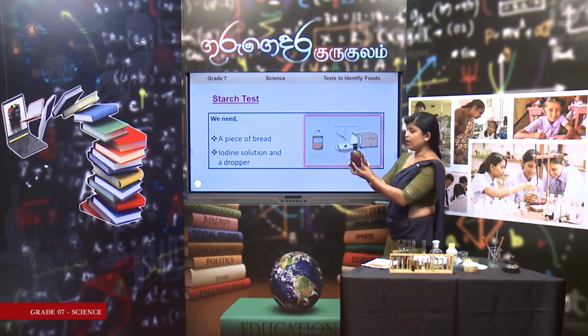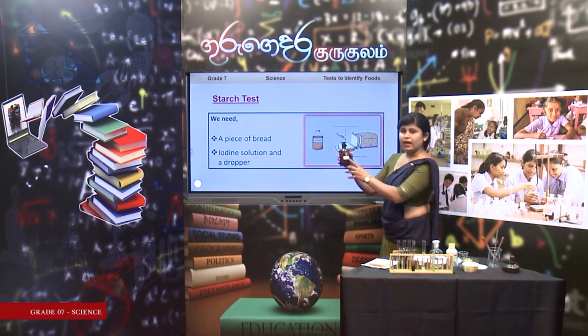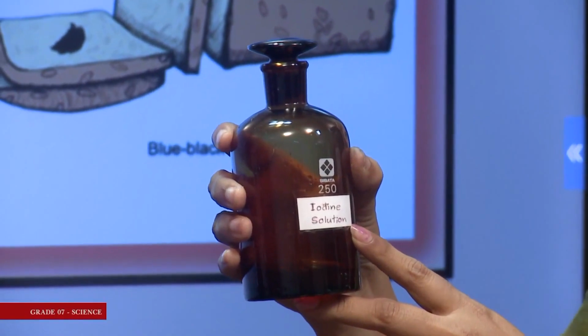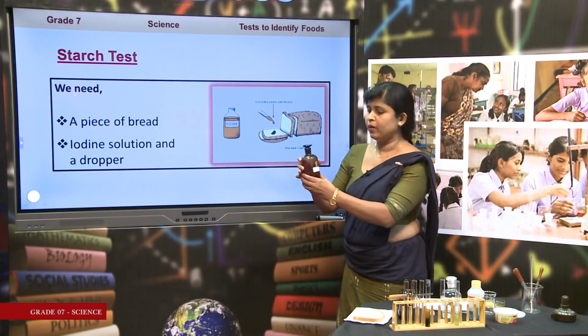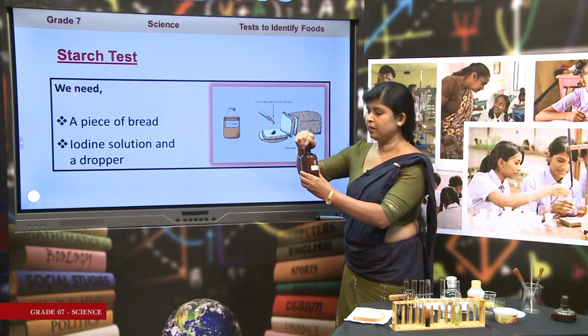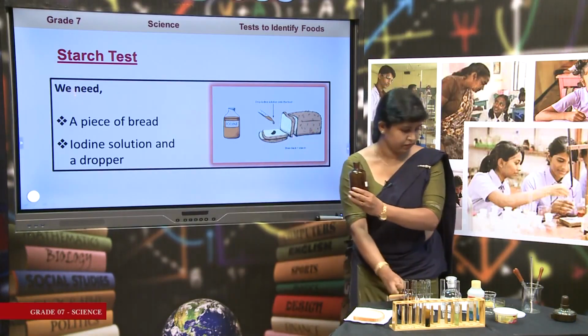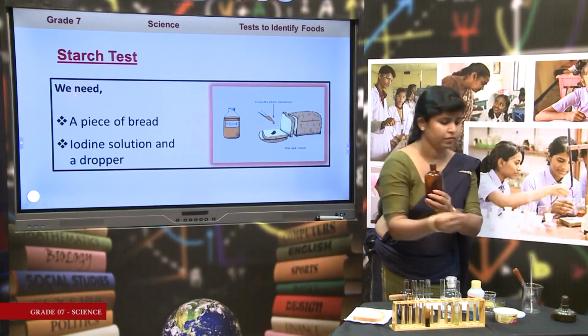Right. You can observe this is the iodine solution, right, iodine solution. Now I am going to use another dropper to take a drop of iodine solution in this way.